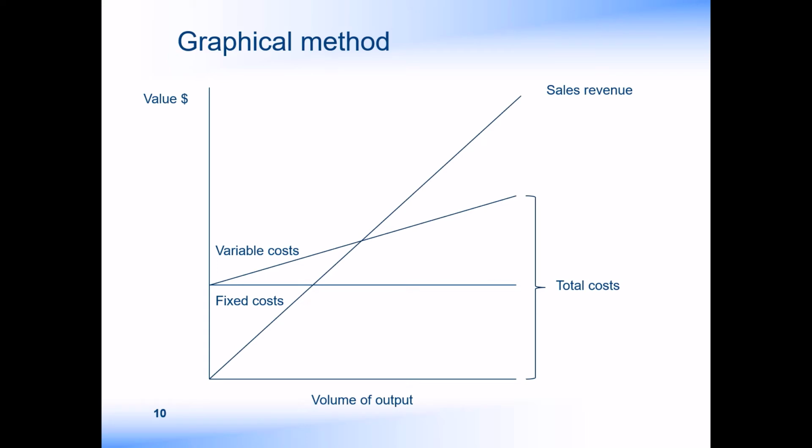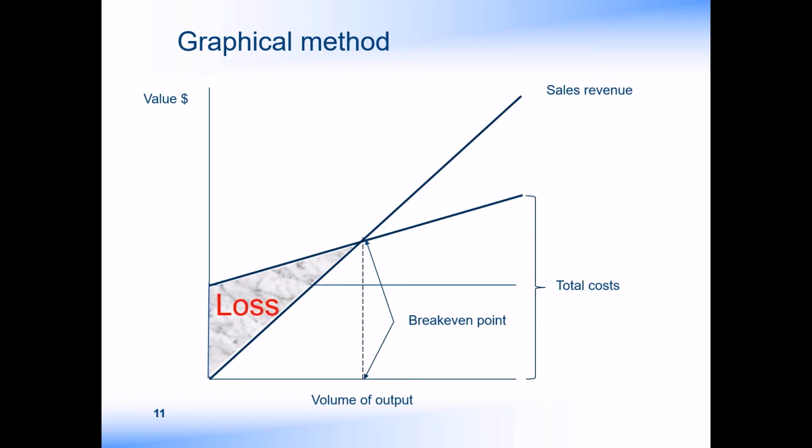If we drop a line from the point at which the revenue line cuts the total cost line, it indicates the level where the business makes neither a loss nor a profit. This is called the break-even point. We can see that on the left of the line, the revenue does not cover the total costs and therefore makes a loss. But once the total costs are covered, the business begins to generate a profit.